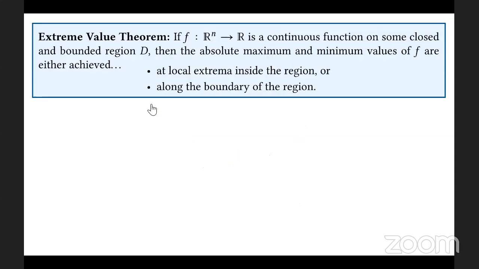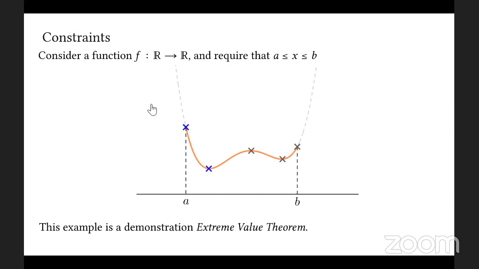So the same thing essentially is true for functions of multiple variables. So again, if it's a continuous function on some closed and bounded region D, then the absolute maximum and minimum values of f are, first, achieved, and second, achieved either at local extrema inside the region or somewhere along the boundary of the region. So it's the same idea as this.